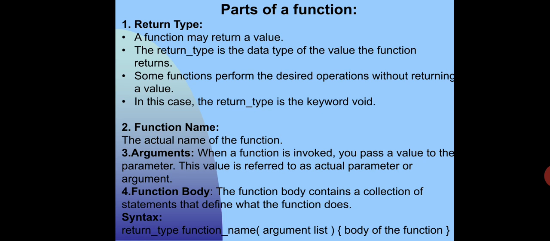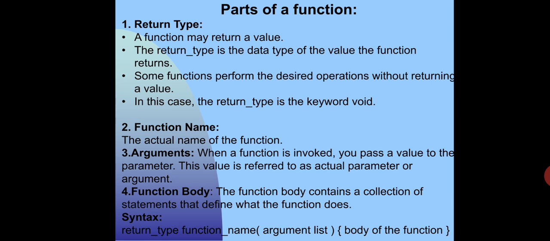That is, the return type will be the data type of the value that the function returns. It can be integer, float, char, anything. Whatever the value the function is returning, its type is called the return type.